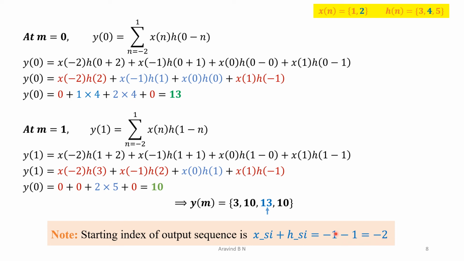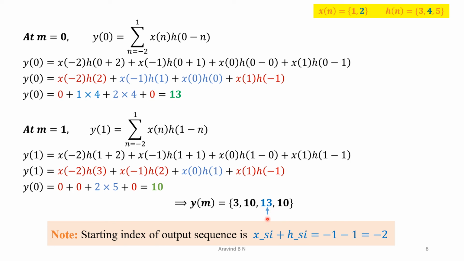So that means the position of very first element in y of m is equal to minus 2. Then which is the origin? Identify that. So this is minus 2 position, this is minus 1, this is 0. Therefore, this is going to be the position of the origin. That's why the arrow mark is given for the value 13, which is indicating this is the origin.